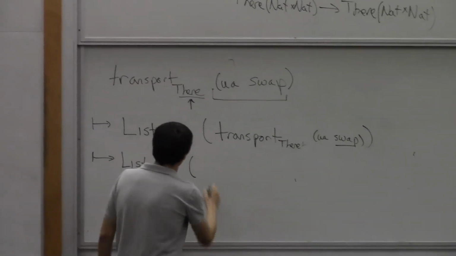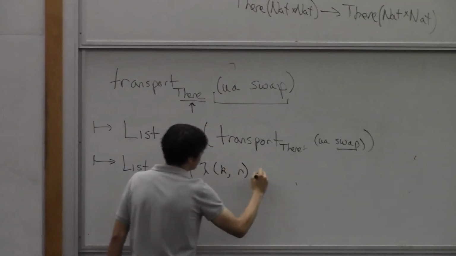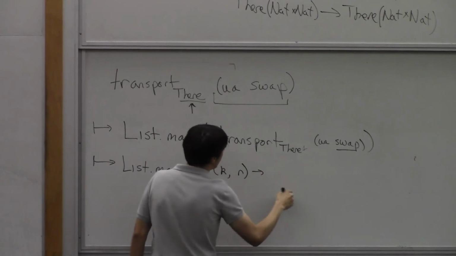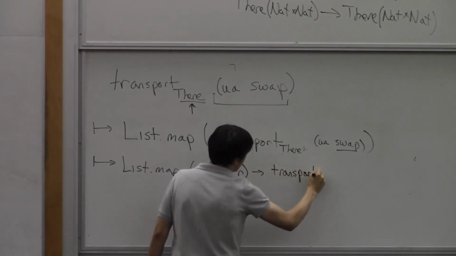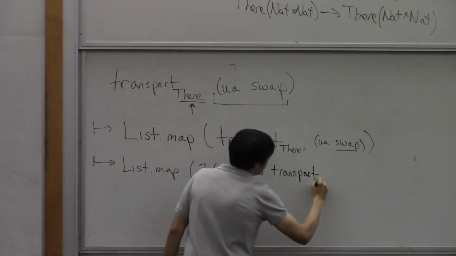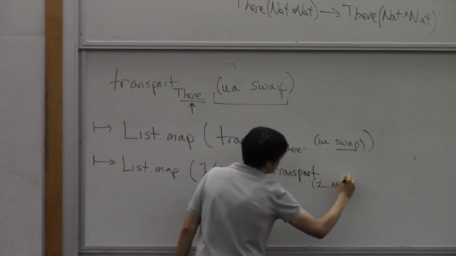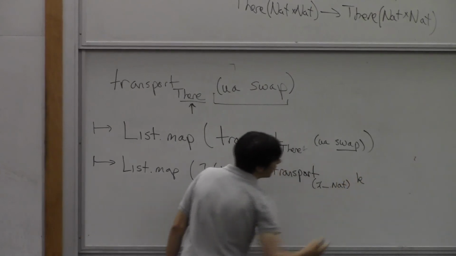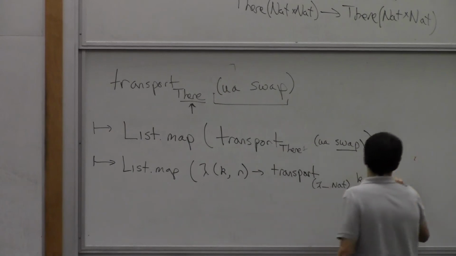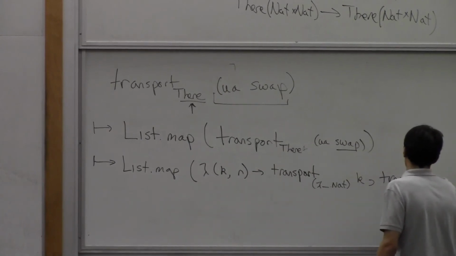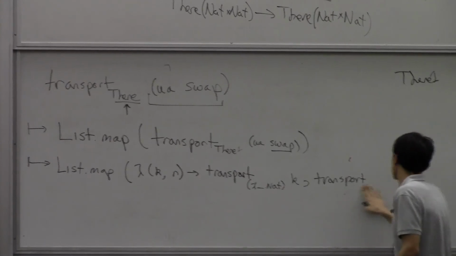OK, so lambda, give me a k and r, and I will do transport at lambda underscore dot nat on k, because that's the first component, and then transport at lambda, or let me name this there two.